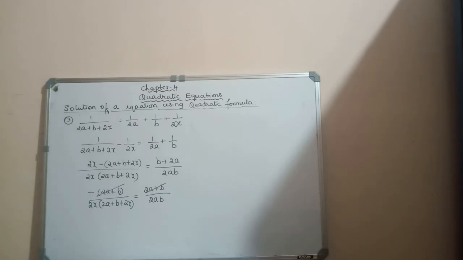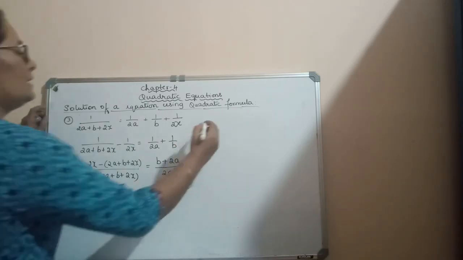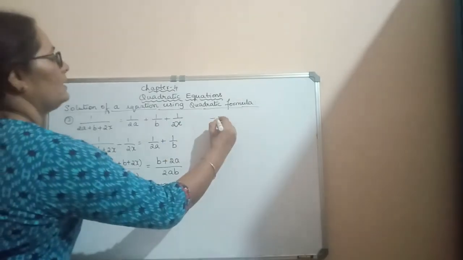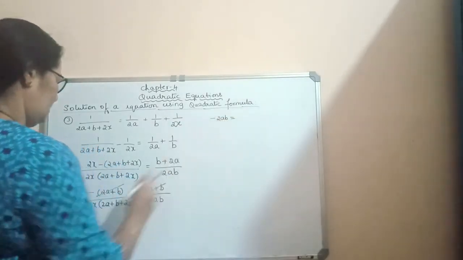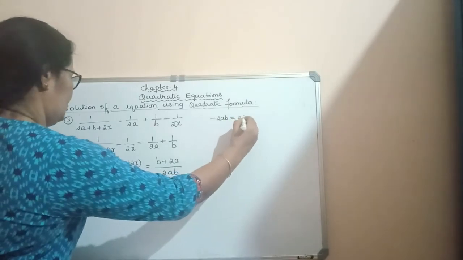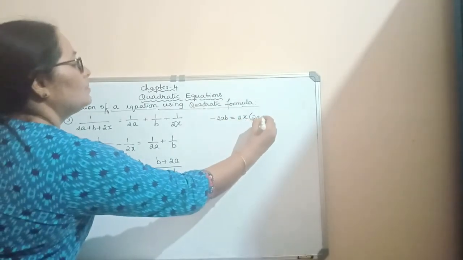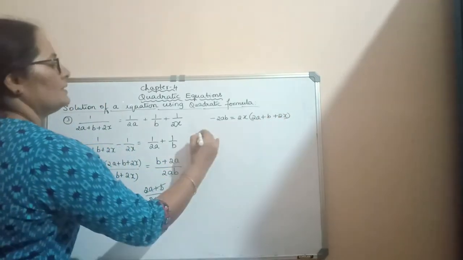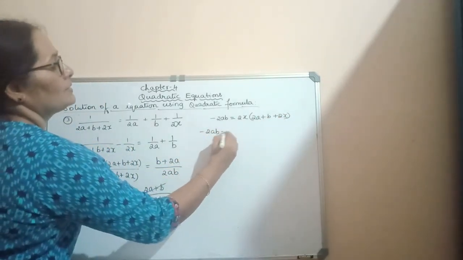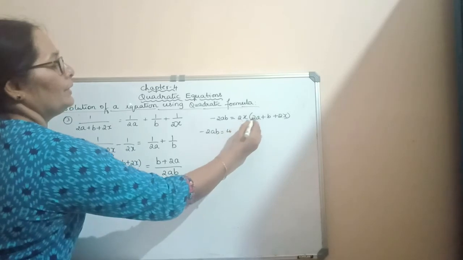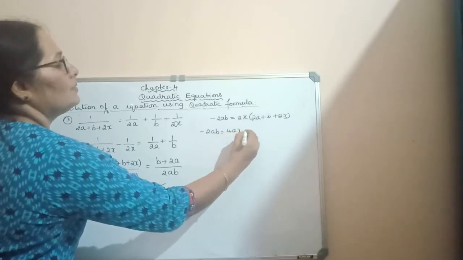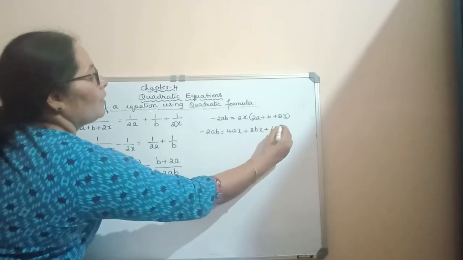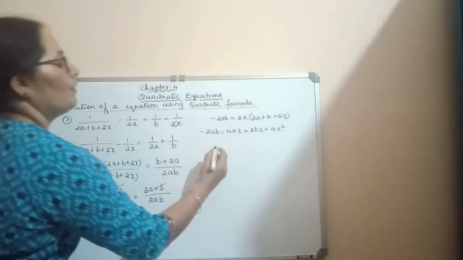So cancel it. So you will get here minus, then cross multiply. You will get minus 2ab equals to 2x into 2a plus b plus 2x. So which is minus 2ab equals to 2 into 2, 4ax plus 2bx plus 4x square. Now it is in the quadratic form.